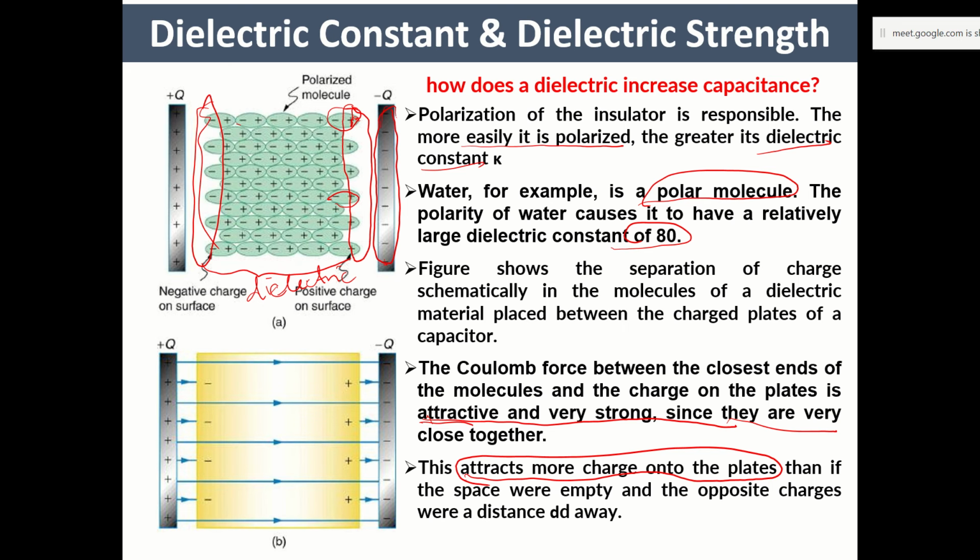So on both sides you will have accumulation of positive and negative charges, which is represented by plus q and minus q. So instead of having air or vacuum, it is better to put something like this, and that increases your capacity to store charges by several orders of magnitude.